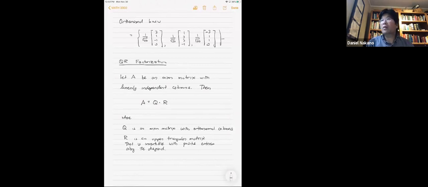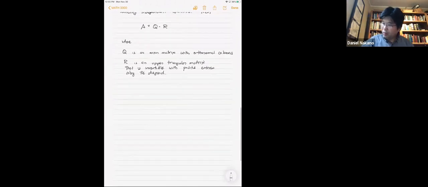Okay. So the point is that we can actually find this Q by using the Gram-Schmidt orthogonalization process. And then once we use the Gram-Schmidt, we divide by the lengths to get orthonormal columns. And then we just put that in, and then we can actually find the factorization this way fairly easily. And that's what I'm going to show you how to do next. Okay. So let me just give you a little bit of justification why this works. Okay.